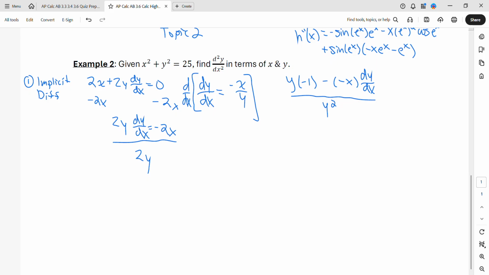I already know that dy dx is negative x over y. So this went to here. We're going to bring this down here like this. So this is negative y plus x times negative x over y.